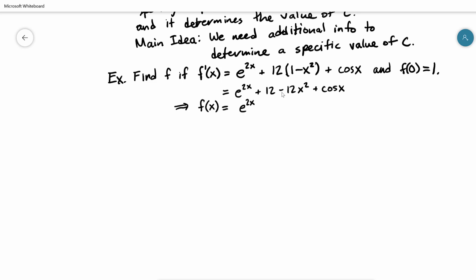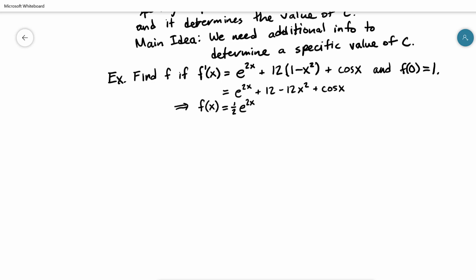I don't want an extra factor of 2, so to account for that, I'll put a 1/2 to cancel that 2 that we'll get. And now, when I take the derivative of this piece, I'll get e to the stuff, so e to the 2x times that extra factor of 2, and that extra factor of 2 will immediately cancel with this 1/2 to give me the coefficient that I actually wanted up here, which was a 1. So that's the idea. There's the antiderivative of e to the 2x.